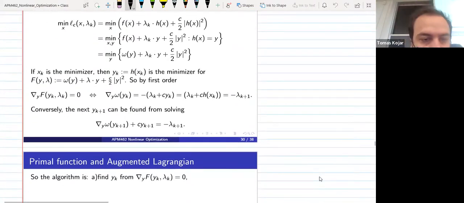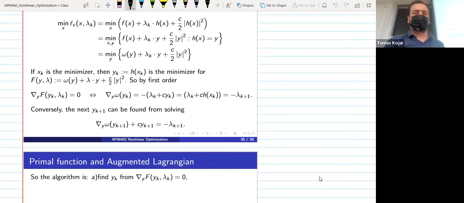So y k plus 1. I forgot how I got this. The next one can be found from solving this.